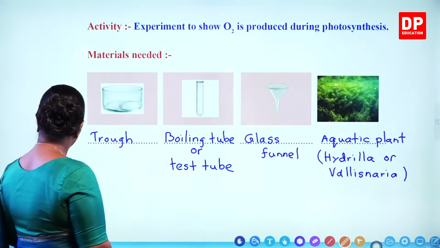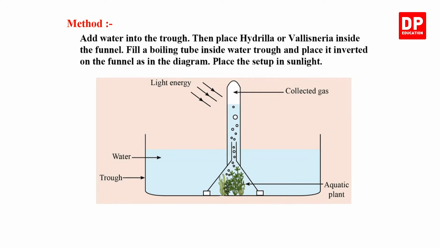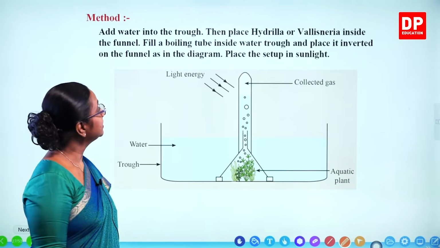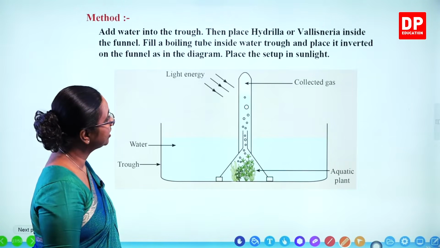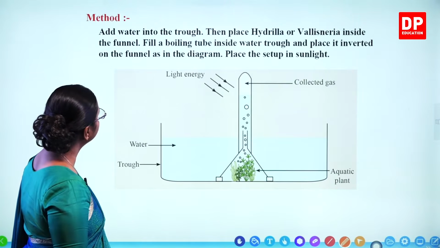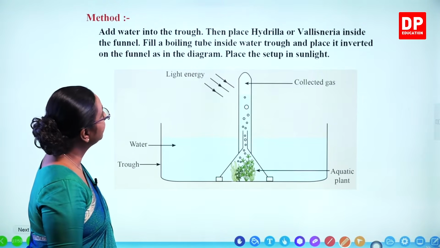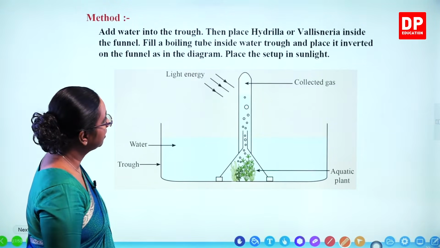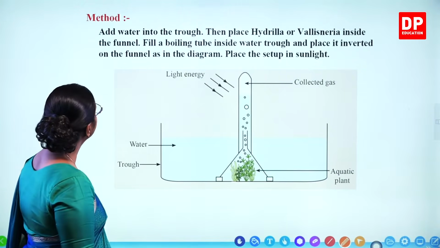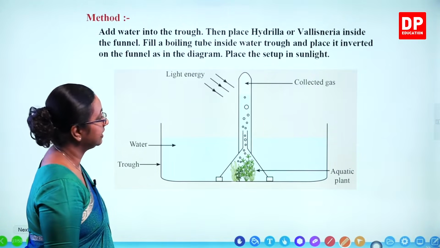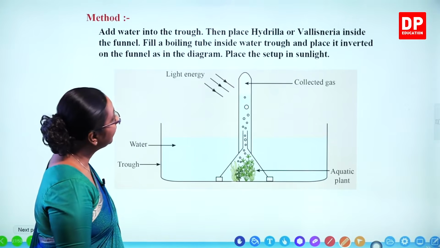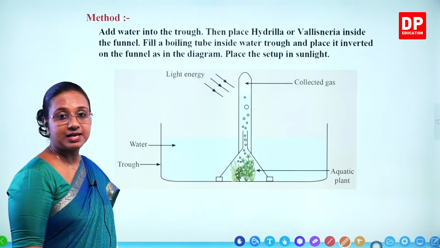Okay, I will go through the method again. Add water into the trough. Then place hydrilla or vallisneria inside the funnel. Fill a boiling tube inside the water trough and place it inverted on the funnel as in the diagram. Place the setup in sunlight.